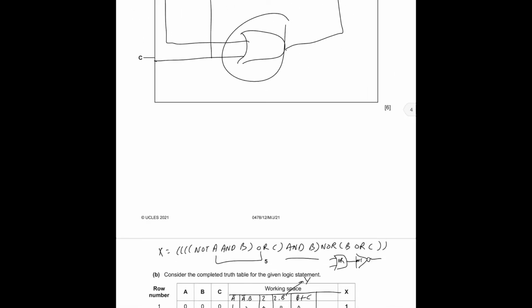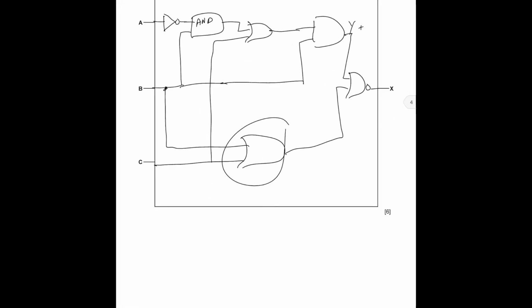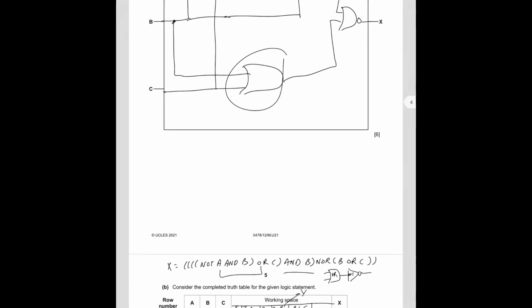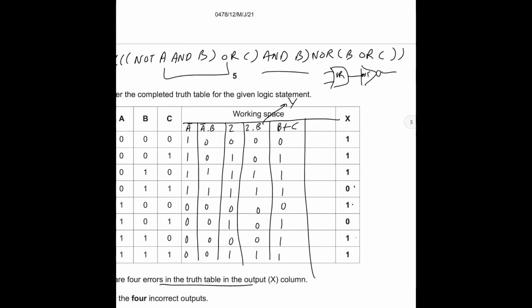Okay, we have to do Y plus B plus C, right? So it's going to be Y plus B plus C. So that is about 0, 1, 1, 1, 0, 1, 1, 1.